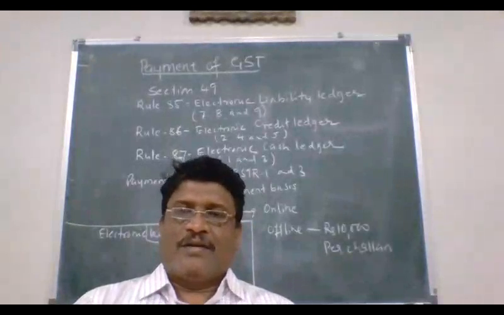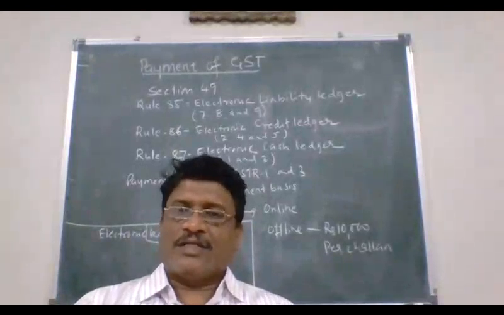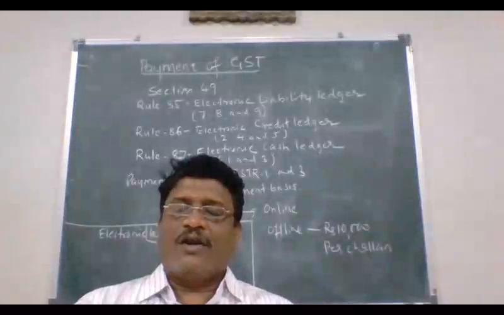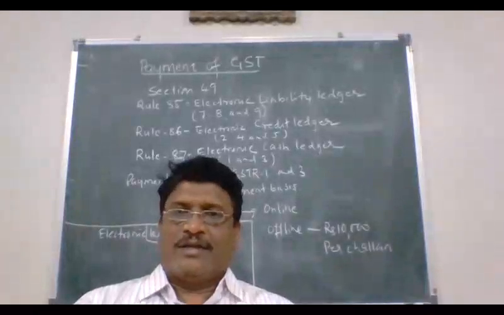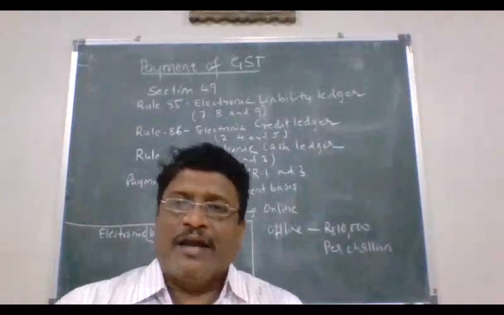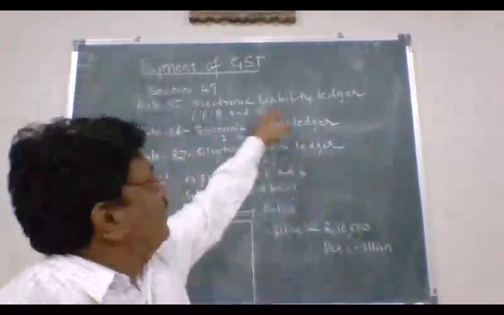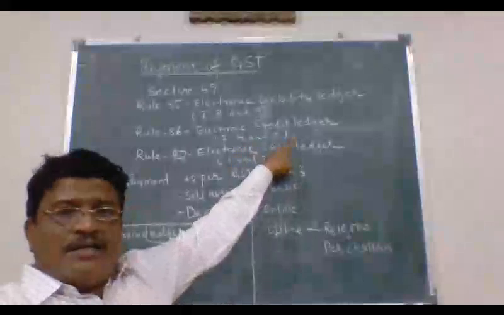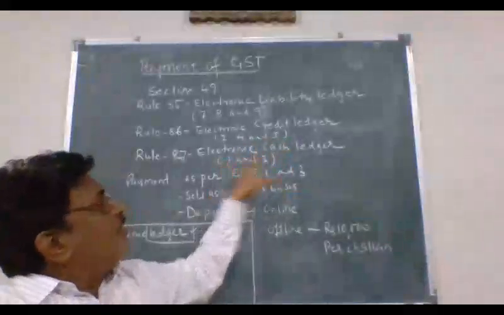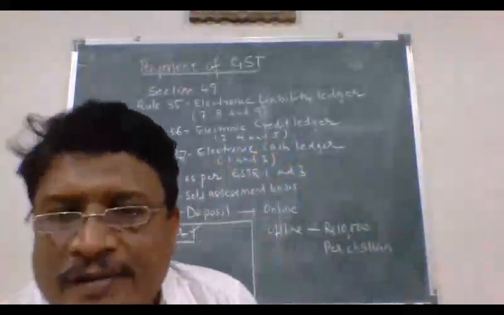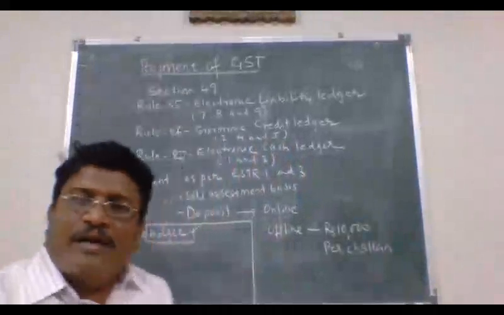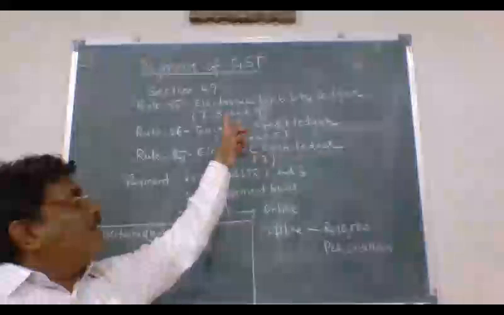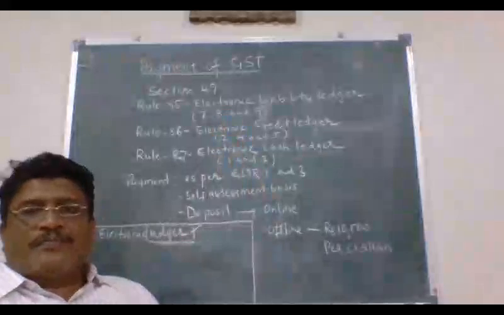Every registered dealer has to maintain three electronic ledgers: the electronic liability ledger, the electronic credit ledger, and the electronic cash ledger. Only after maintaining these three accounts can he pay GST to the government.